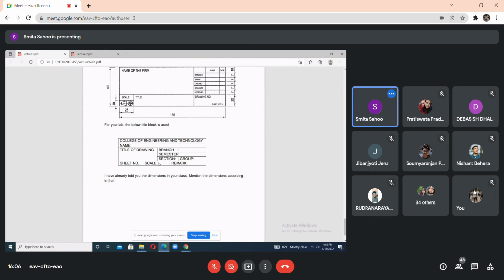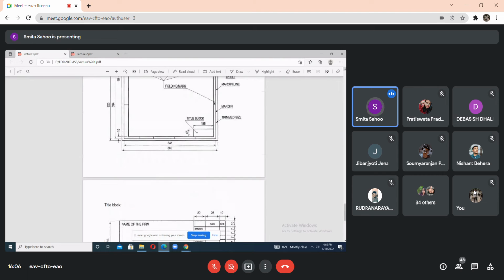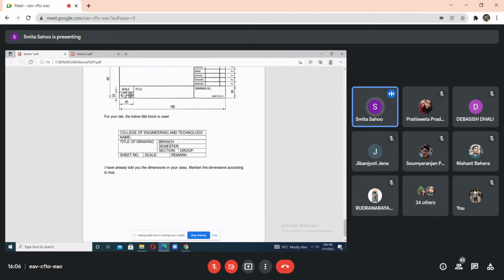Now this is your title box that is placed at the lower right corner, and usually it has the dimension of 185 mm by 65 mm. This is the dimension of the title box.